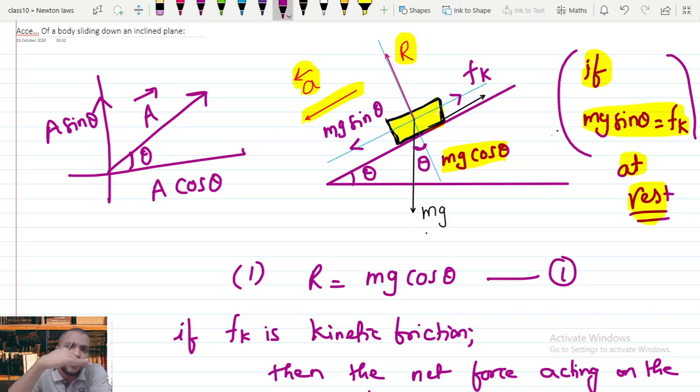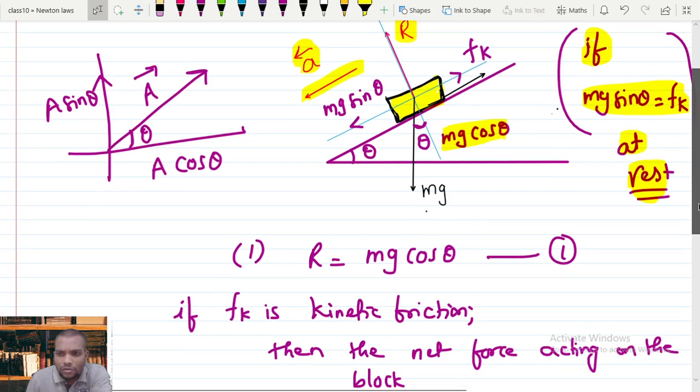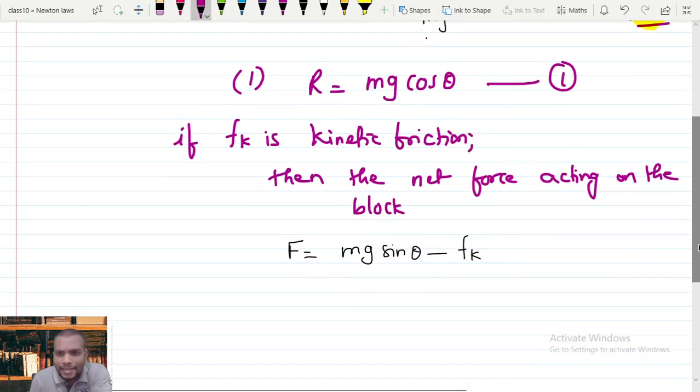If there is more forward force than backward force, then the object moves in the forward direction. Just like in a tug of war, the object will move in the direction where there is more force. So to find the net force, we subtract the backward force from the forward force. Here, forward force equals mg sin theta, backward force equals f of k.